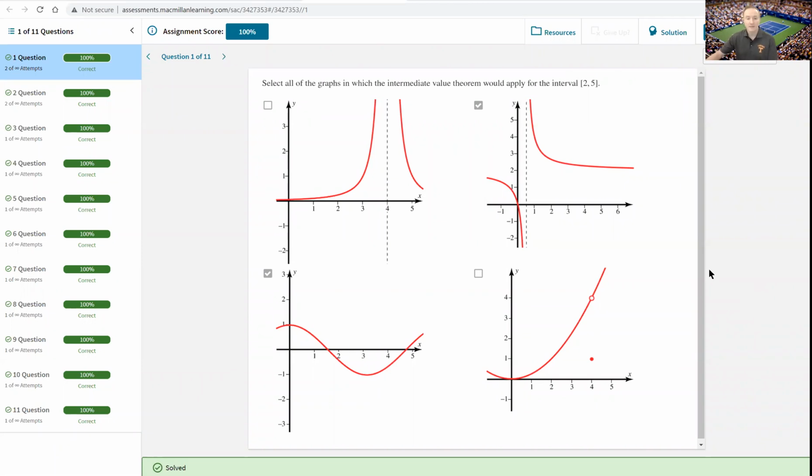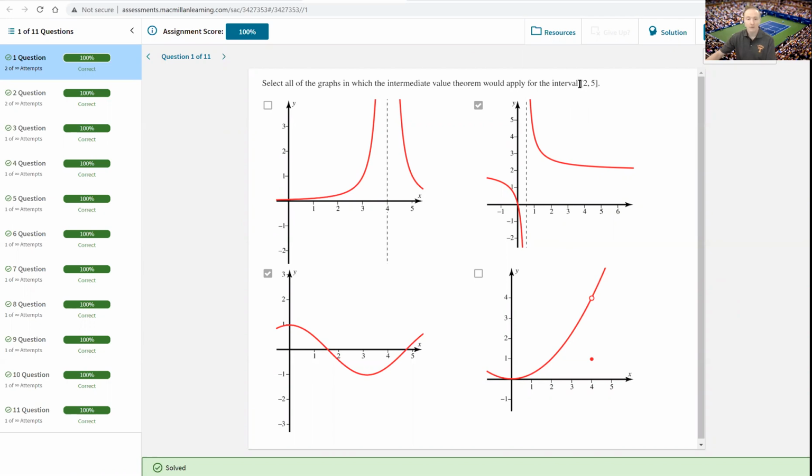It's asking us to select all the graphs in which the intermediate value theorem would apply for the interval 2 to 5. Well, now, in order for the intermediate value theorem to apply, the interval that it's on must be continuous and defined for all values.